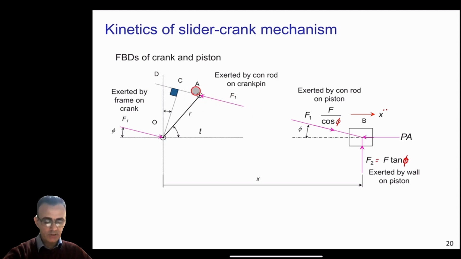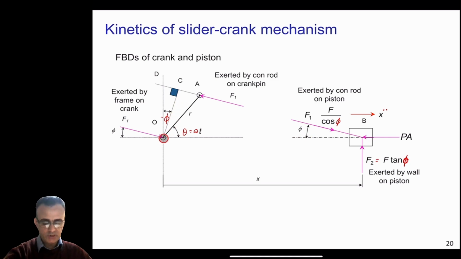So this F1 should also act on the crank, and this r is the radius of the crankshaft here, and we know that theta is equal to omega t. Because this angle is phi, and this line is perpendicular to this line here, and this line is perpendicular to this line here, the angle between these two lines is phi. So this angle also becomes phi here.